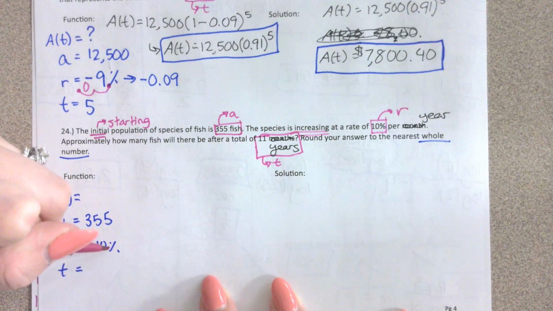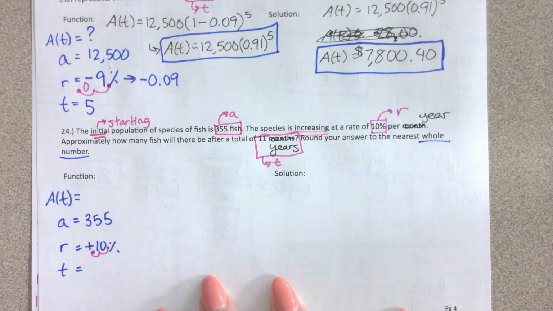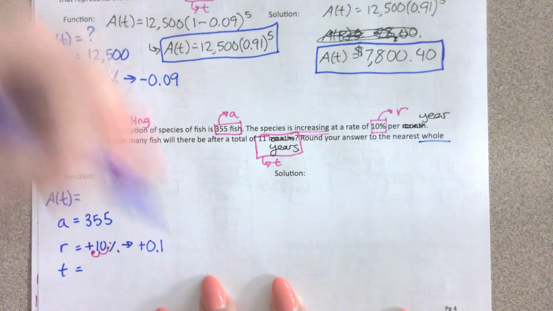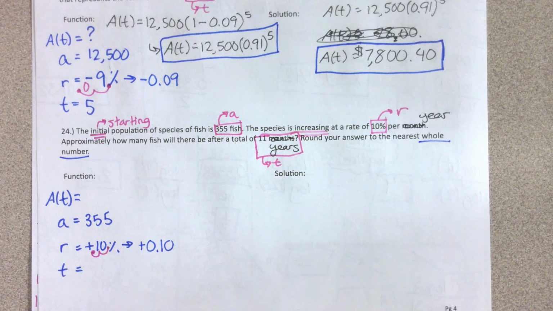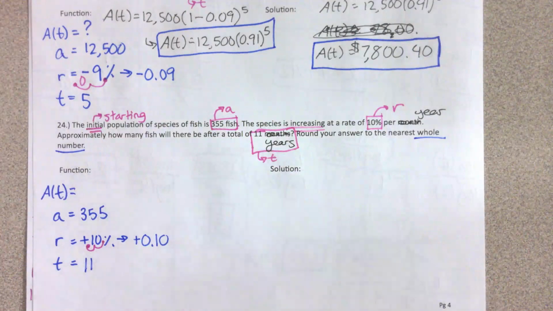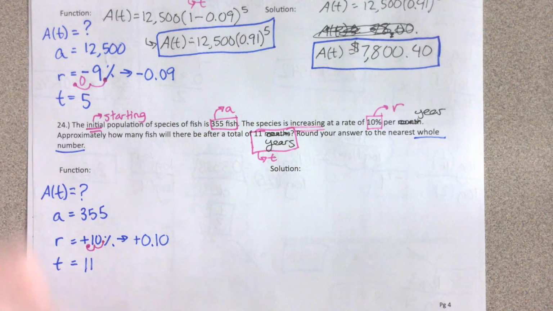Change this to a decimal. So this is plus 0.1, and then 1 or 1, 0, it doesn't matter. Plus 0.10 if you like. And after 11 years, how many fish will there be? That's the question. So big A of t is the unknown. Let's put this together into an equation.